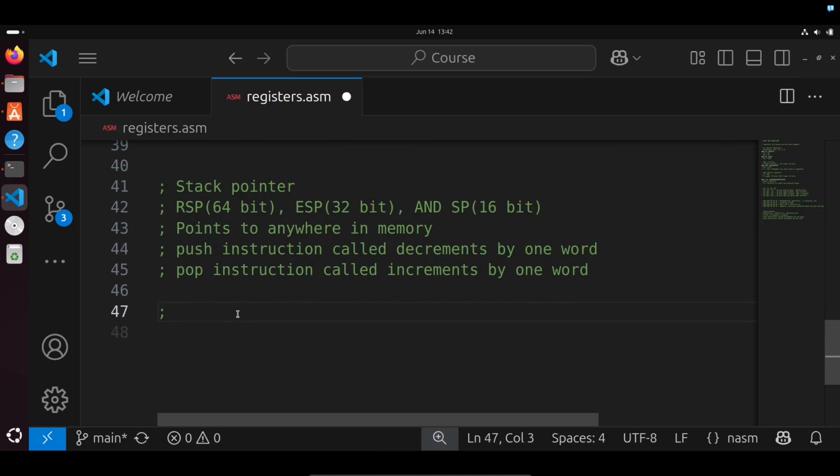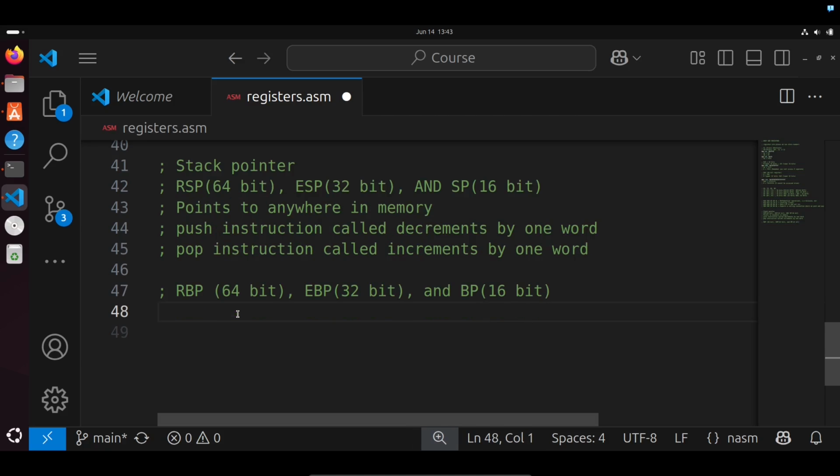And you have the RBP register, EBP register, and BP register. Now, these point to an old stack pointer. So you might be doing something, and then later on, you might want to restore whatever the old stack pointer was.